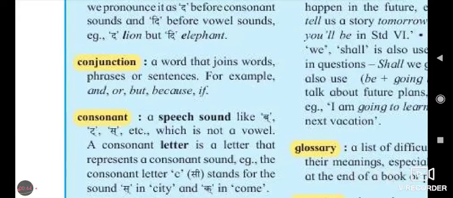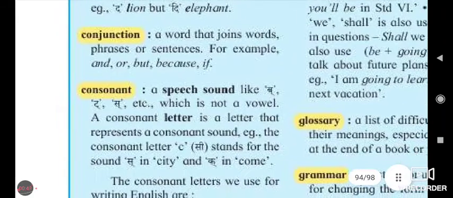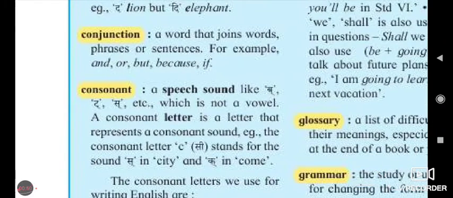Conjunction means a word that joins phrases or sentences. After that we have consonant. Consonant means a speech sound, not a vowel. A consonant letter is a letter that represents a consonant sound.